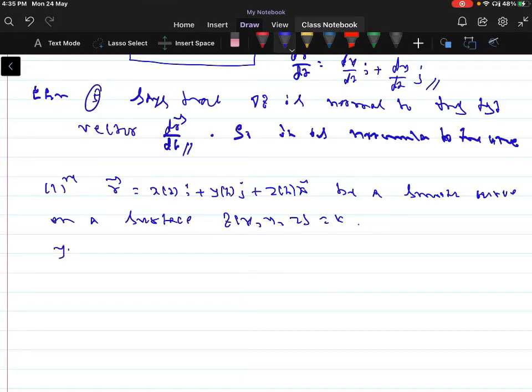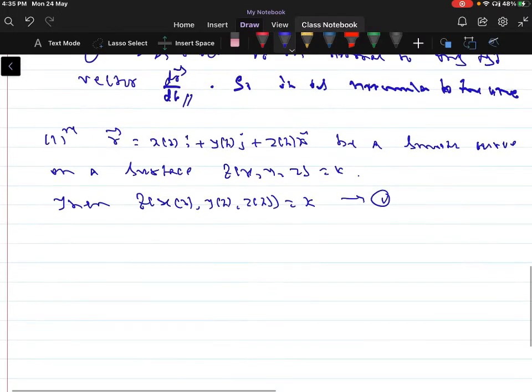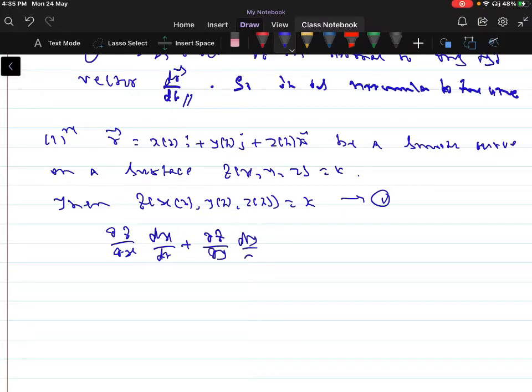Then we can write f of x of t comma y of t and z of t is equal to k. When you differentiate with respect to t, we get ∂f/∂x into dx/dt plus ∂f/∂y into dy/dt plus ∂f/∂z into dz/dt is equal to 0.